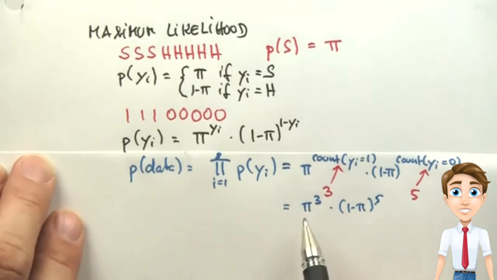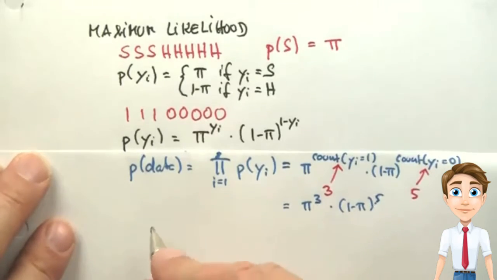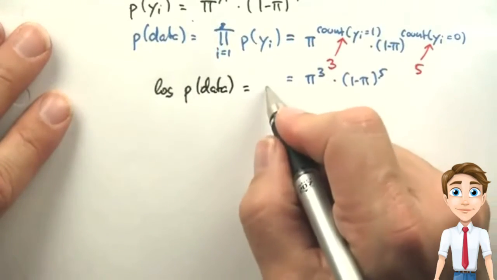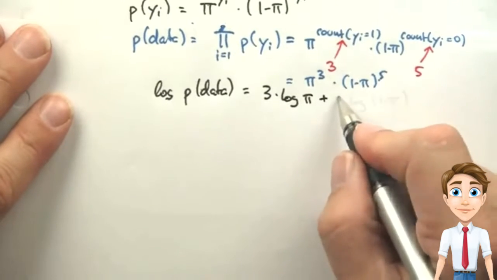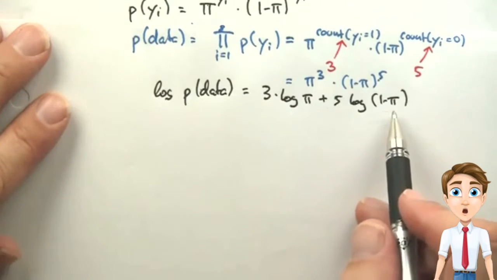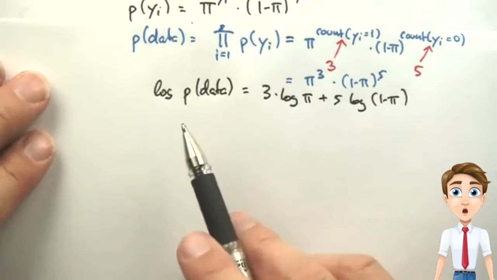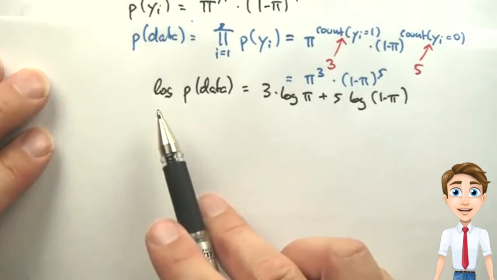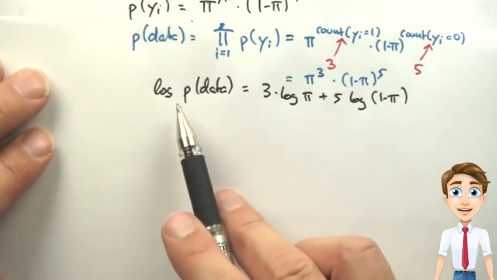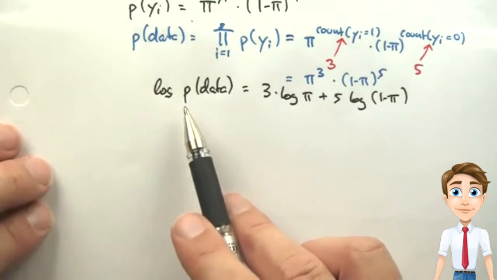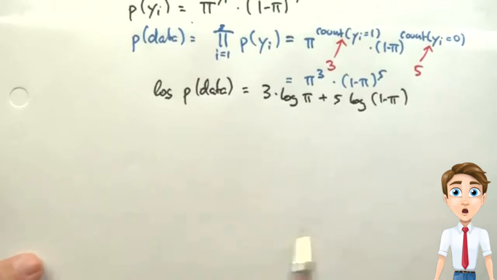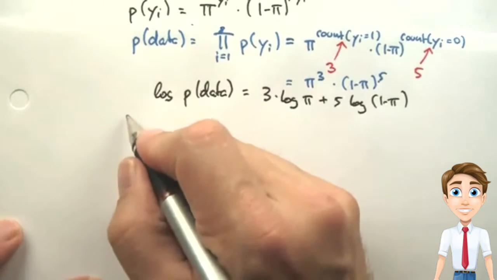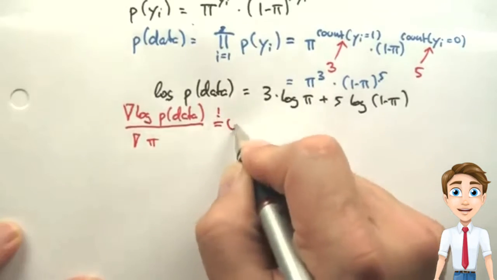We can also maximize the logarithm of this expression, which is 3 times log pi plus 5 times log 1 minus pi. Optimizing the log is the same as optimizing the probability because the log is monotonic. The maximum of this function is attained where the derivative is 0. So let's compute the derivative and set it to 0.